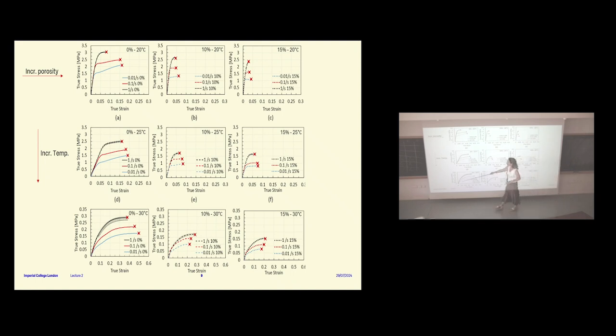This scale is from 0 to 0.35, as opposed to those two, that goes from 0 to 3.5. And these strains go from 0 to 0.6, as opposed to these, 0 to 0.3. So the temperature reduces the stresses, and the fracture stresses and fracture strains.